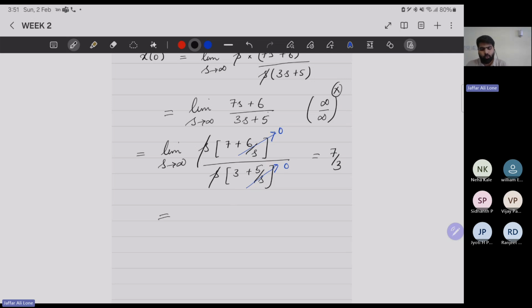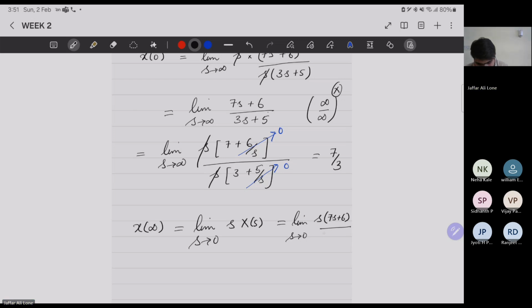But you need not do this in the final value calculations, because in the final value, what you have to do, for example, x infinity is limiting s tends to 0, s into Xs, which is equal to limiting s tends to 0, s into 7s plus 6 divided by s into 3s plus 5.